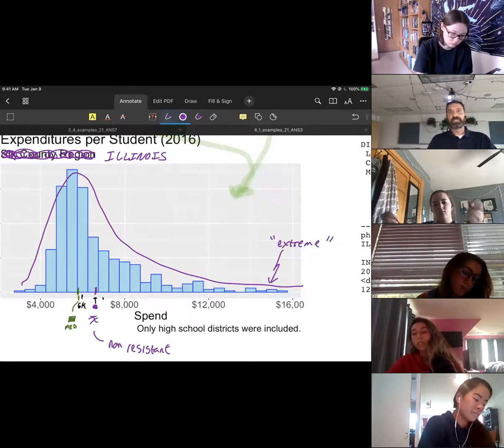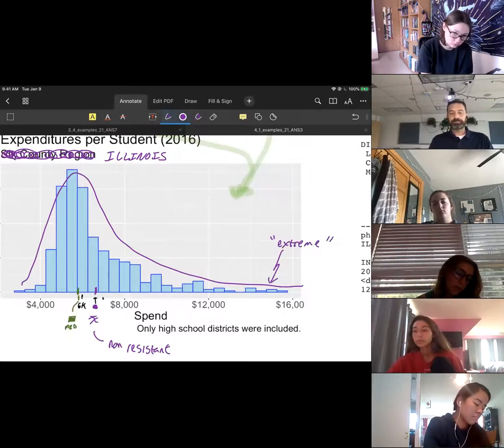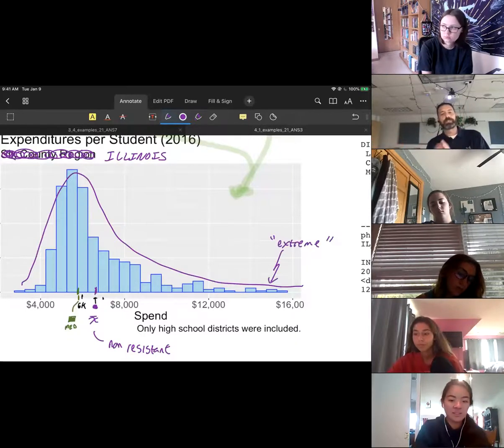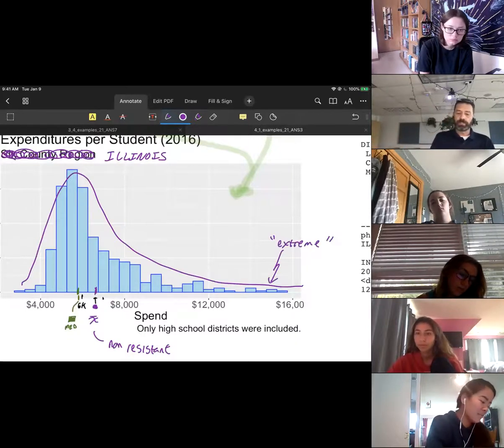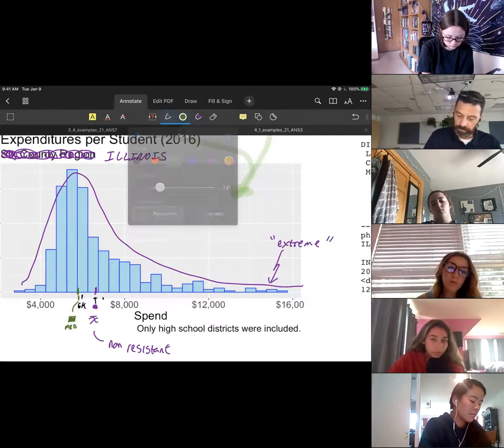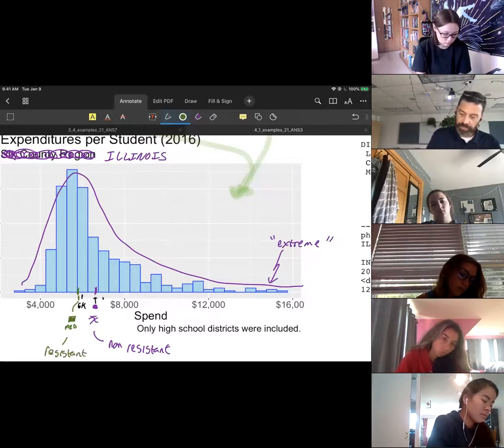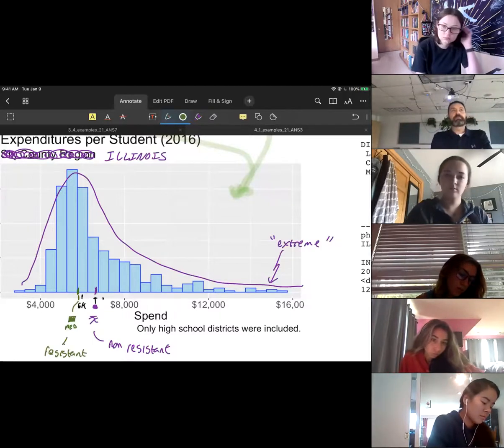Outliers can have a very specific mathematical definition. The mean gets dragged towards the tail or towards the extreme values that you see in a distribution. The median is resistant. So despite the fact there are extreme values, it does not get dragged toward the extreme values.